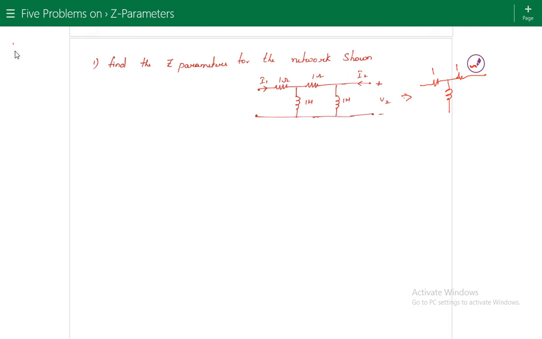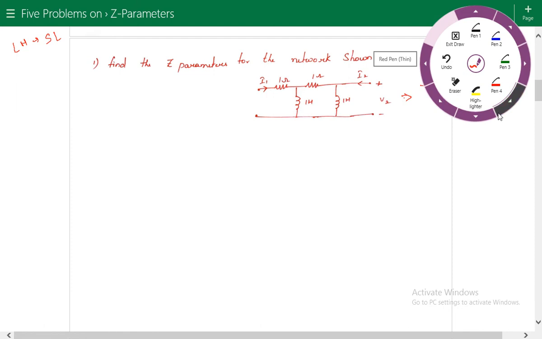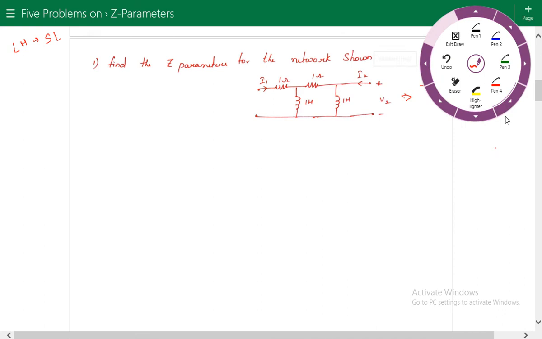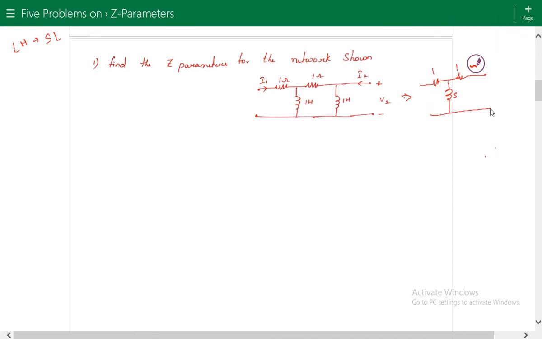If there is an inductor of L Henry and you convert it into the Laplace domain, you write it as S into L. So this will be S into 1. This will be the voltage V1, V2.